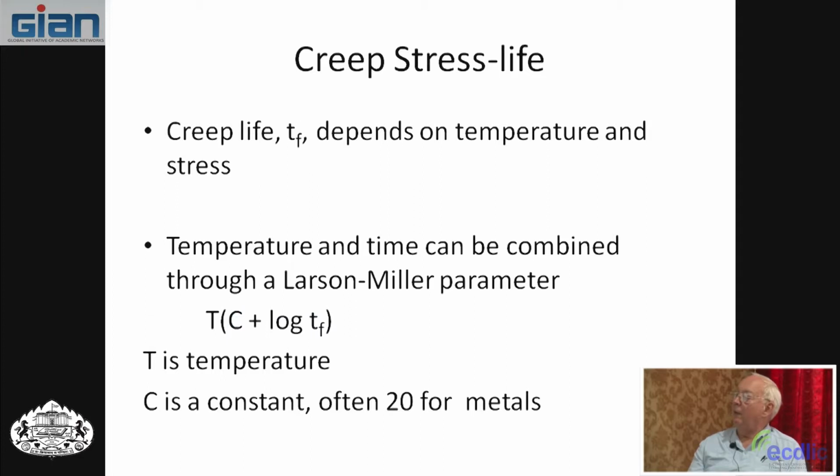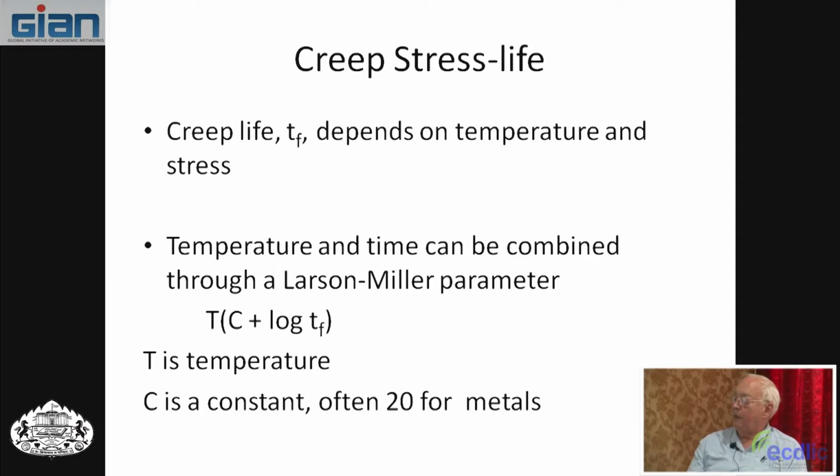Now, one of the things in creep is the stress life. The creep life depends on temperature and stress. So temperature and time can be combined through a Larson-Miller parameter, and it is like this. This is time to failure.